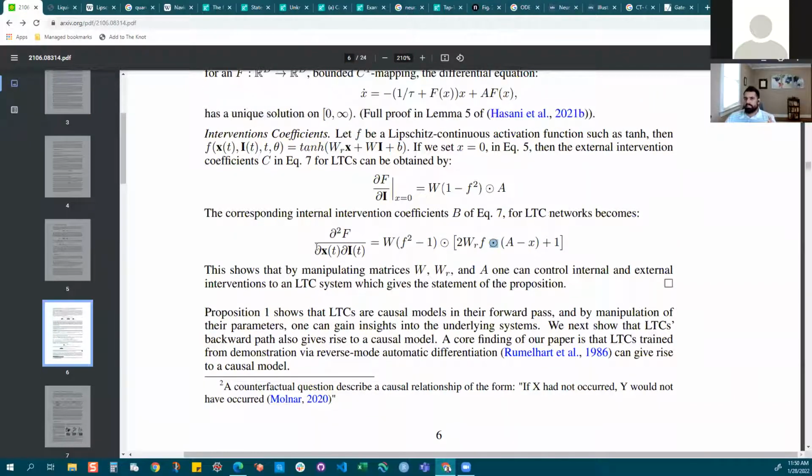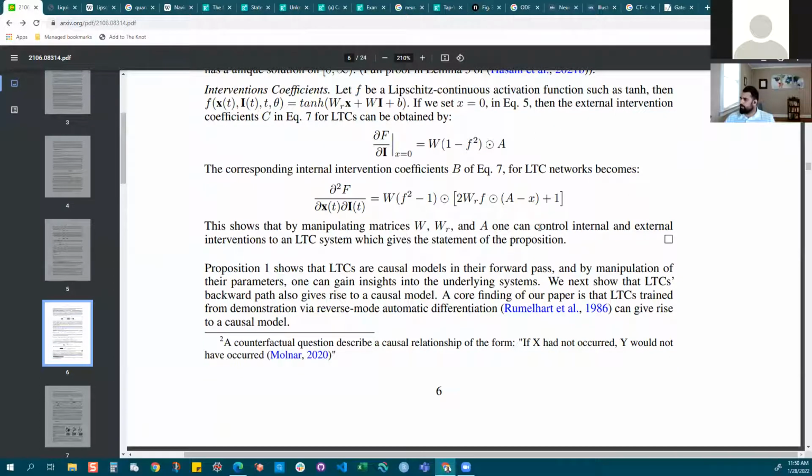And what they're saying is that they are manipulating and controlling basically the coefficients that they have in their differential equation, and they can control for internal and external interventions.